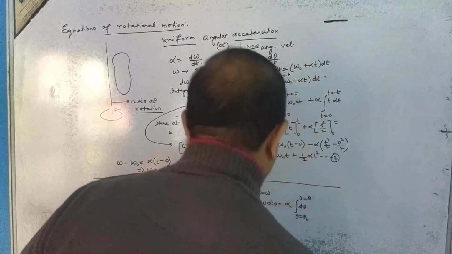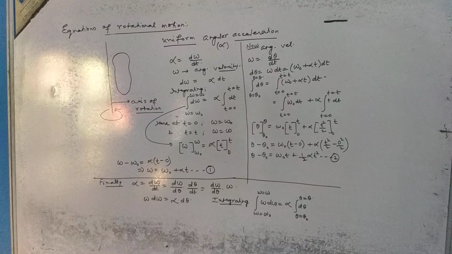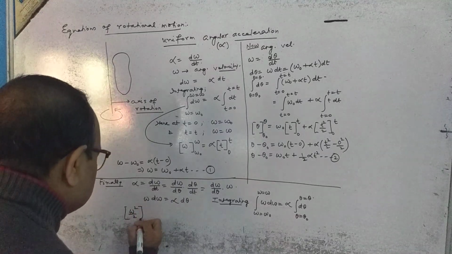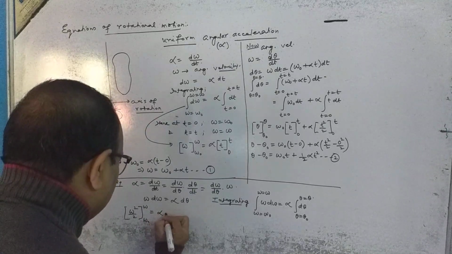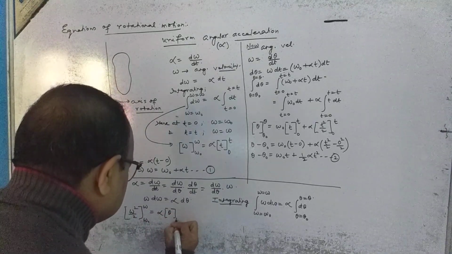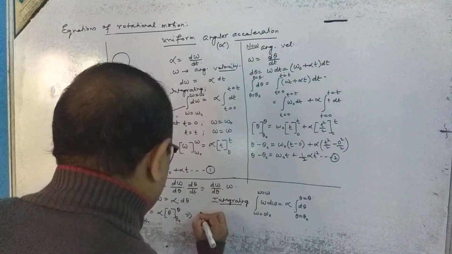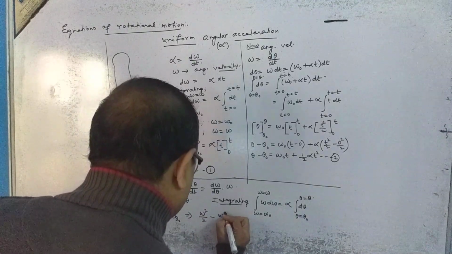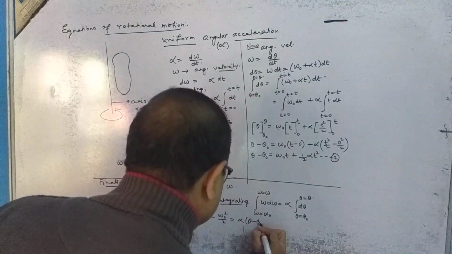So it is omega square by 2 with limits omega naught to omega, equal to alpha times theta with limits theta naught to theta, which implies omega square by 2 minus omega naught square by 2 is equal to alpha into theta minus theta naught.